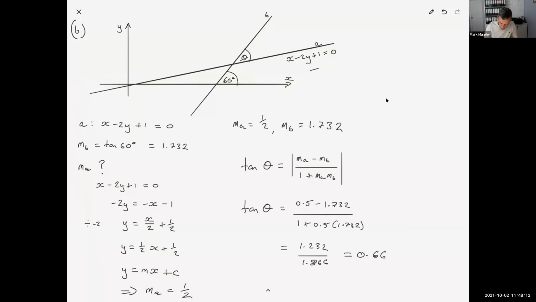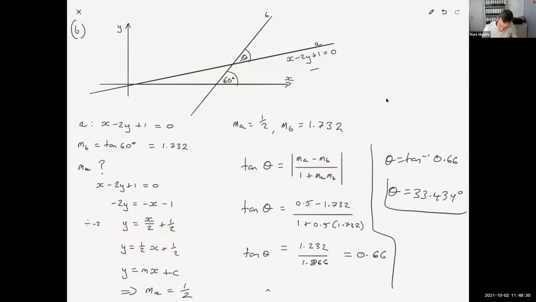And then that's the tan, right? So therefore, I'll just write the answer here. Tan of theta, so theta is equal to the inverse tan of 0.66. So theta equals 33.434 degrees. That's your answer.